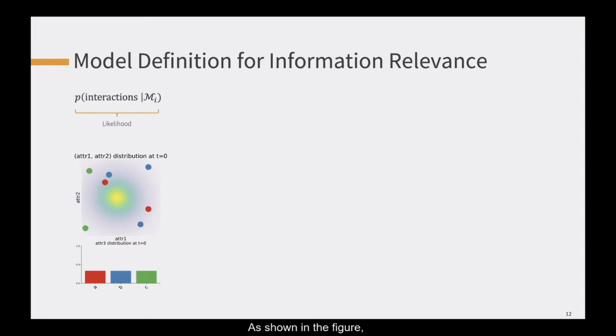As shown in the figure, attribute 1 and attribute 2 are continuous ones, and attribute 3 is a discrete one. Before any interactions are observed, our belief over these attributes is uninformative, meaning it does not contain any information about what a user is interacting with. This is shown in the figure as a uniform categorical distribution over attribute 3 and a multivariate Gaussian centered in the middle of the data space for attribute 1 and attribute 2.